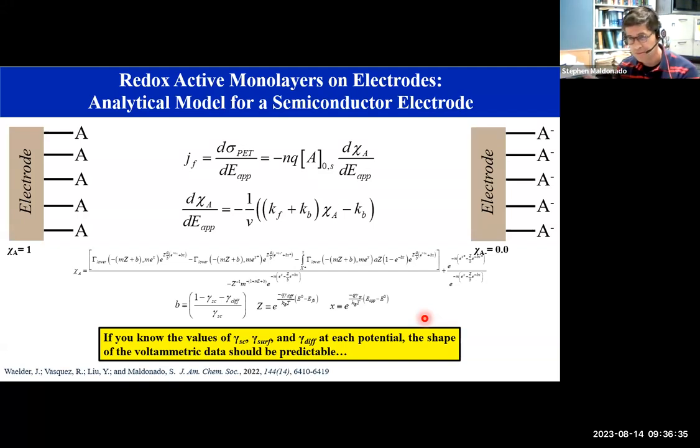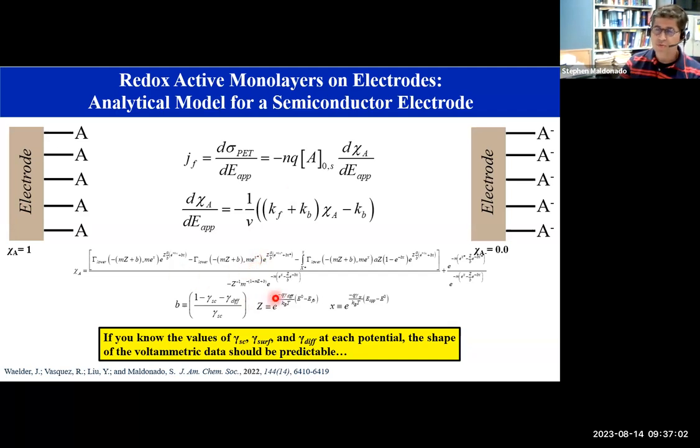I apologize up front because, again, the point of this talk is not to give math-based insight. But the solution that you see here in the middle, in the very tiny font, which probably hurts your eyes if you look at it, is an expression for the fraction of molecules at any potential when Kf and Kb are written for semiconductors like I did several slides back.